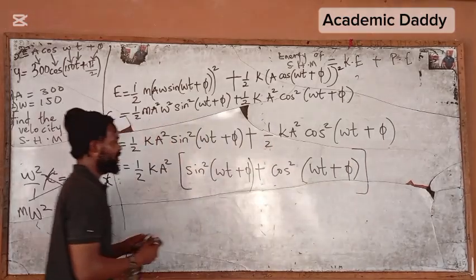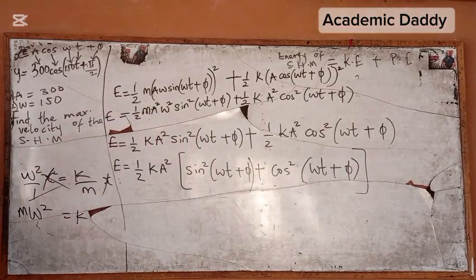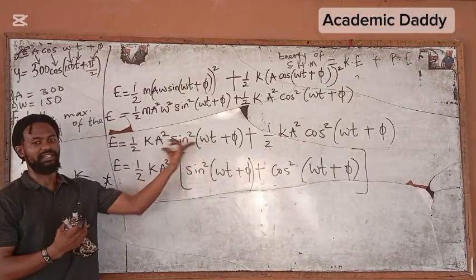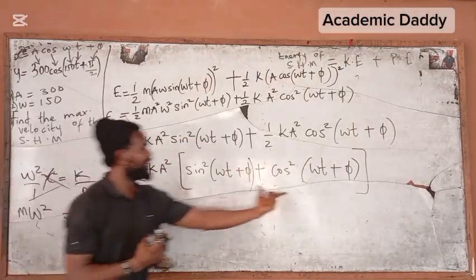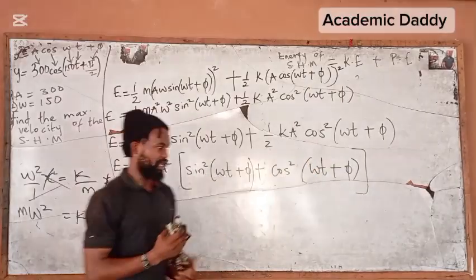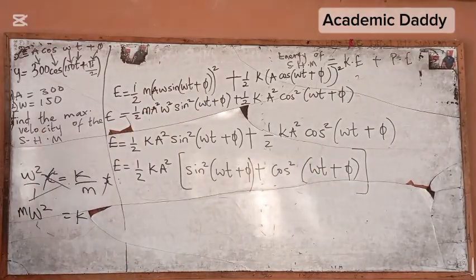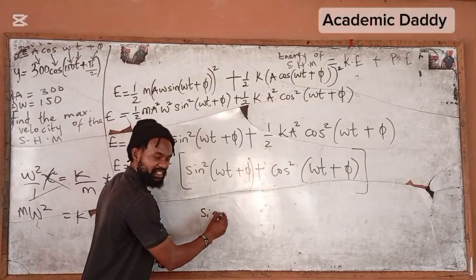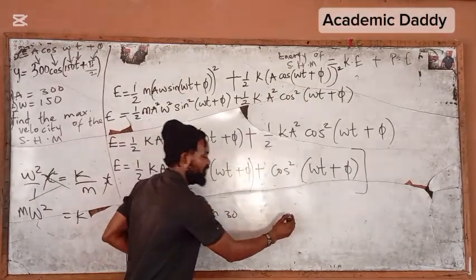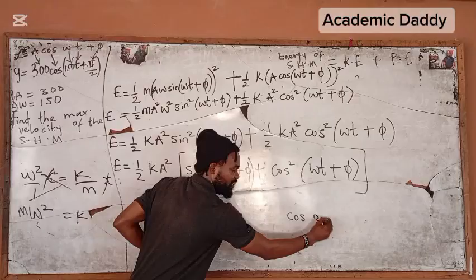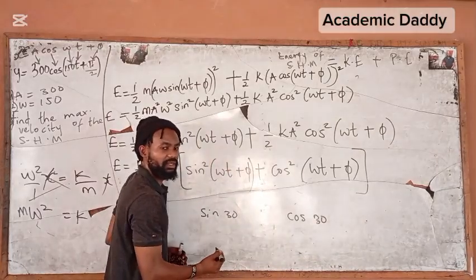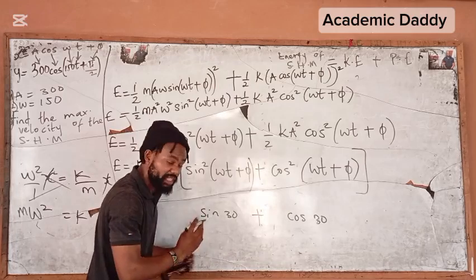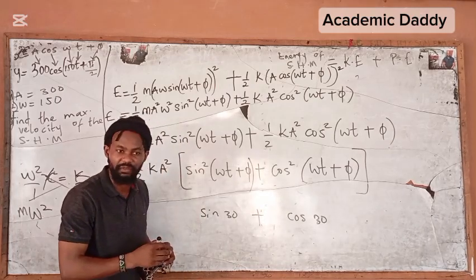Somebody will be somewhere murmuring, which one is this now? Watch: if I carry everything here and times here, I have this thing. So what that thing is trying to tell me is, I want you to do for me, for example, sine 30. I want you to check something. Then do for me cos 30. Add the two of them, what do you have? Just add the two. Do sine 30, do cos 30, what do you have?